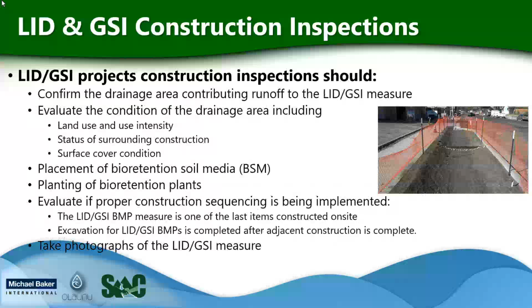Should also evaluate the placement of the bioretention soil media, planting of bioretention plants, and evaluate if proper construction sequencing is being implemented. The LID GSI BMP measure is one of the last items that should be constructed on site. Excavation for the LID and GSI BMP is completed only after construction is complete of the adjacent area. Taking photographs of the LID GSI measure is also what should be done during construction inspections.